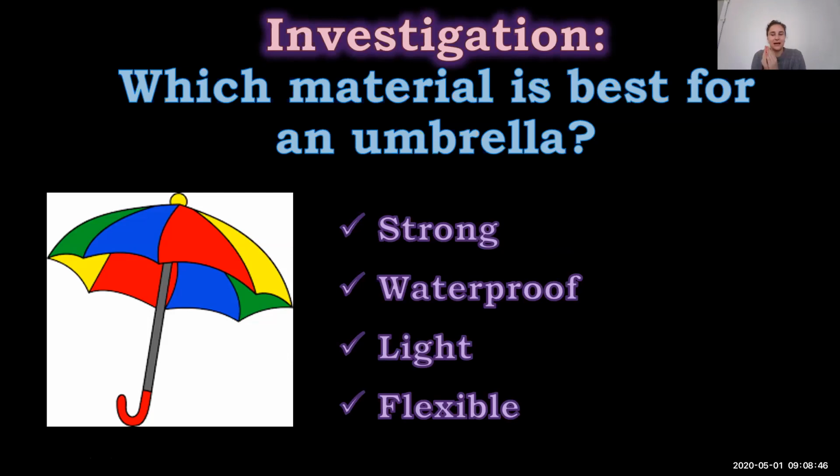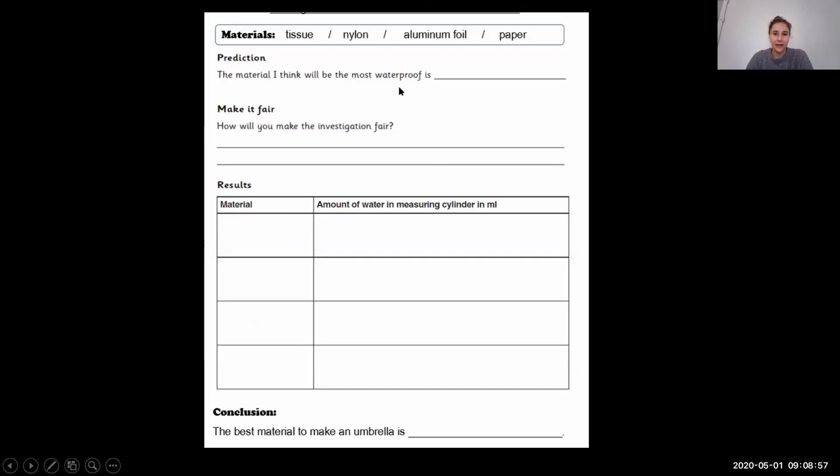So it can come down and be small and then open up. So this is what we need, a material that has all of these properties. Now you're going to get your worksheet and we're going to do this together. The different materials we have are tissue, nylon, aluminium foil, and paper.